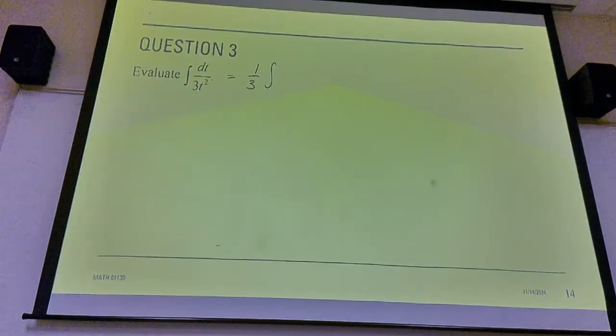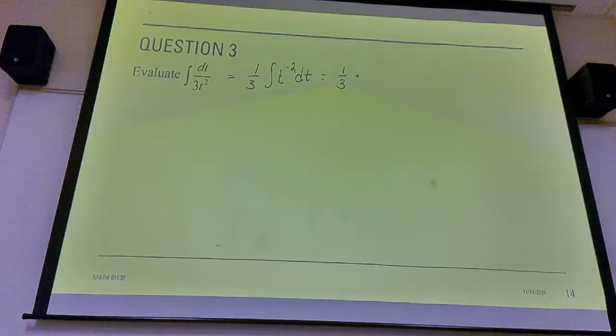What is it? Add 1. Is there an inverse quotient rule? Not directly.